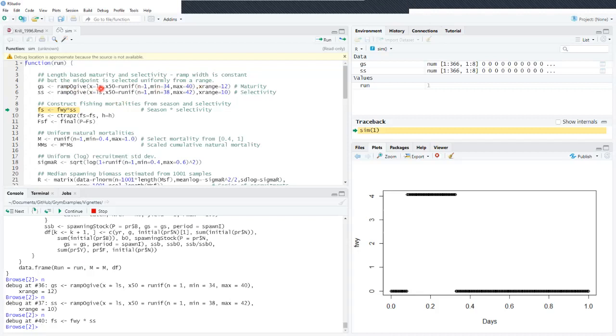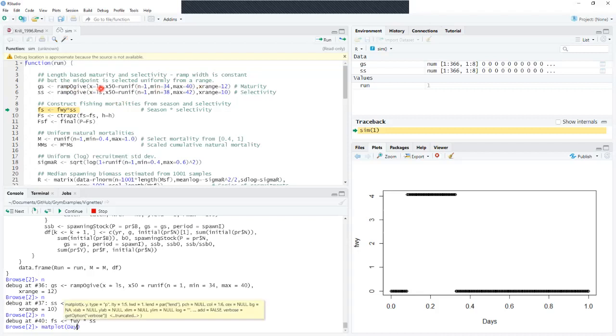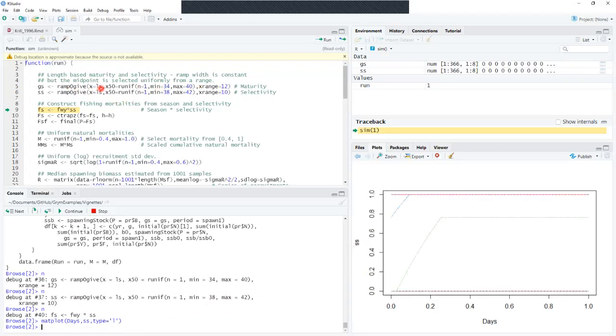But let's have a look at one of these things. Let's look at selectivity. So if we go matplot days, SS, type equals L. So if you look at this plot, there are some age classes that just are not selected at all.